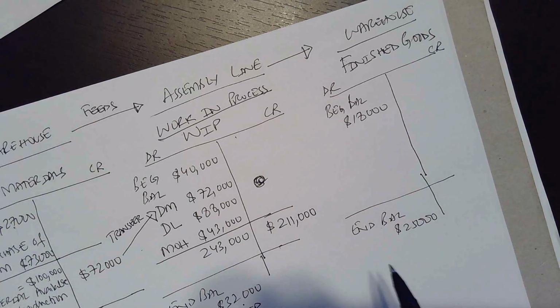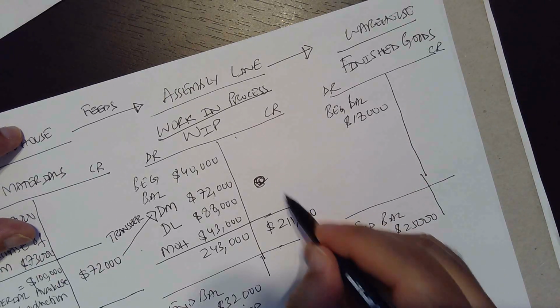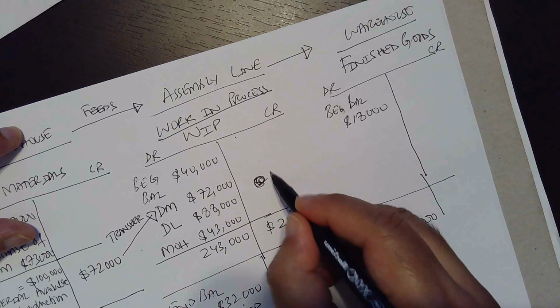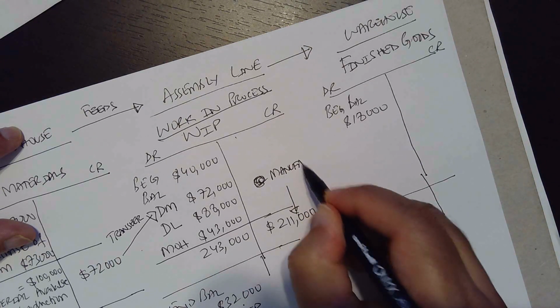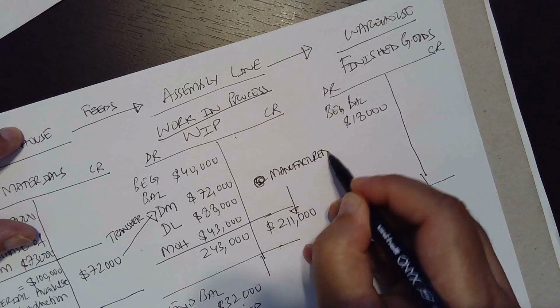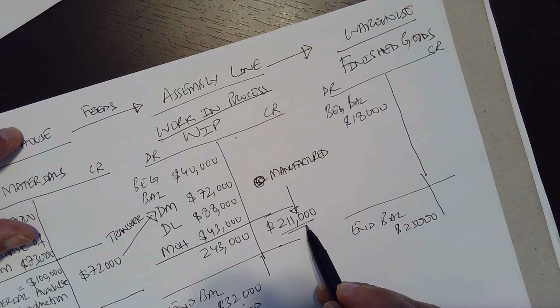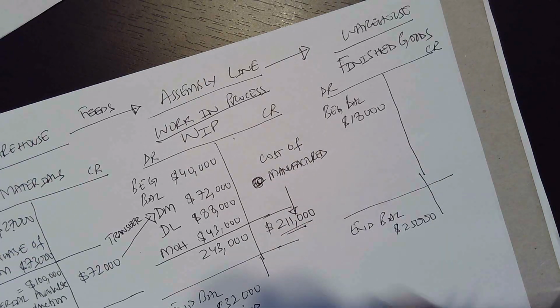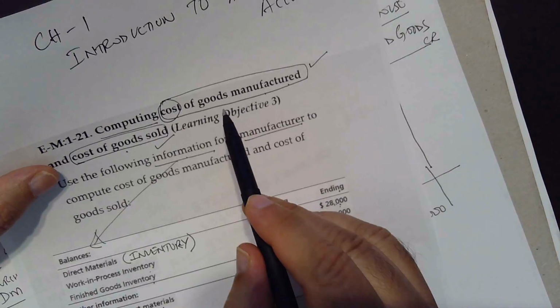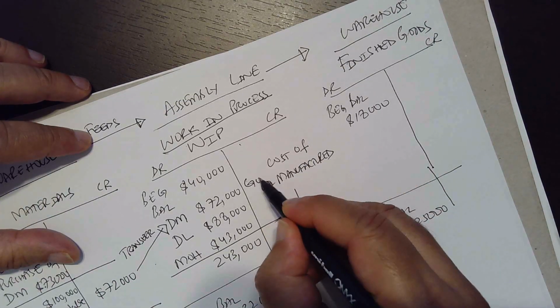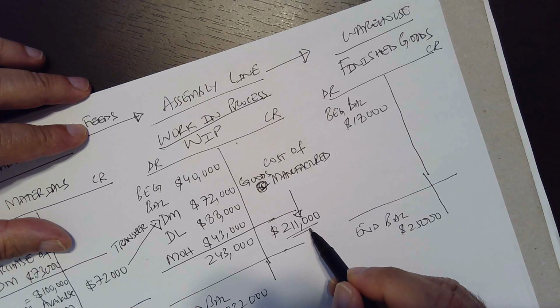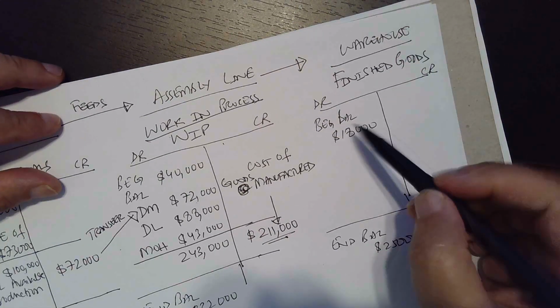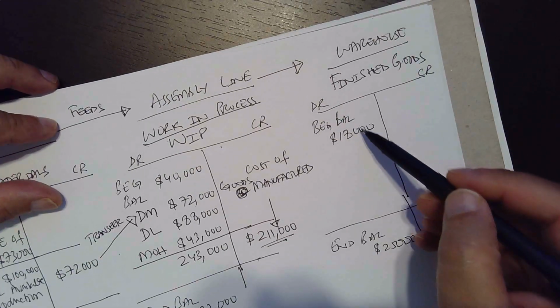So what we have done, we have manufactured this period F-150 trucks for $211,000. So this would be our answer to the question that asks cost of goods manufactured. So cost of goods manufactured is 211,000.